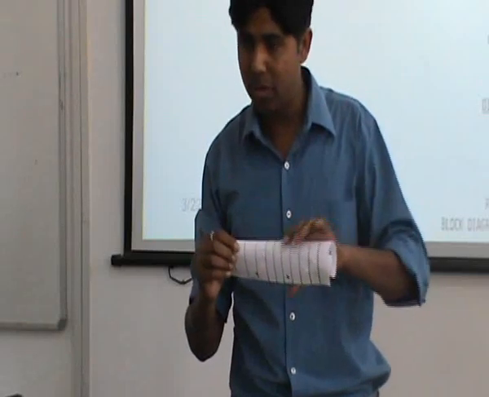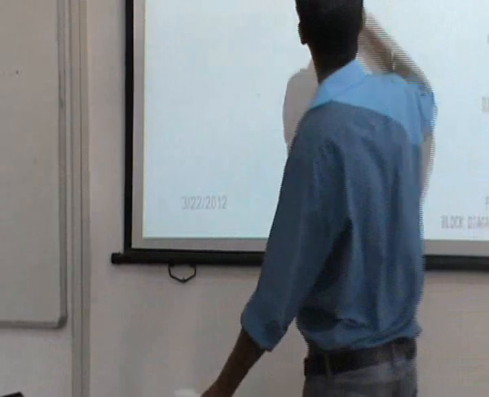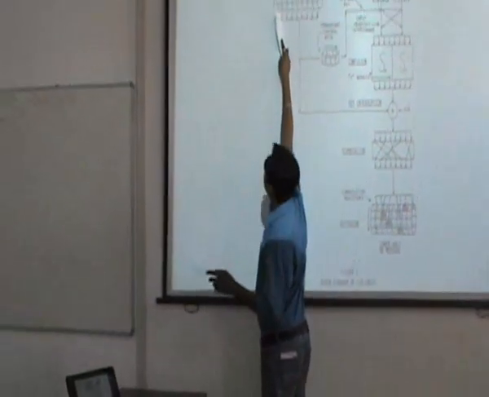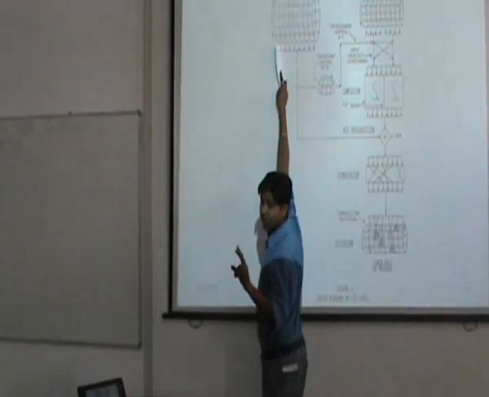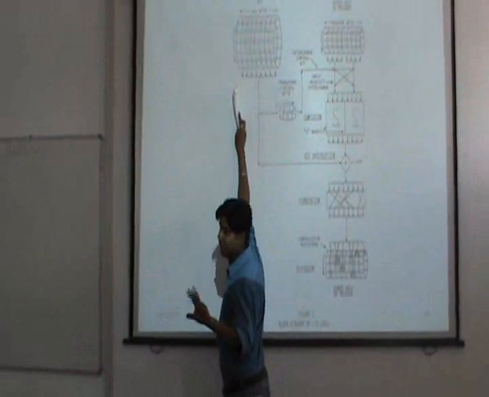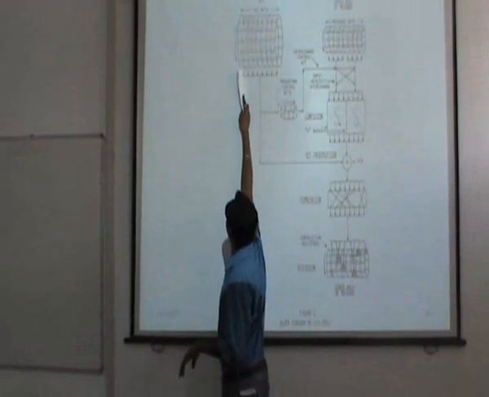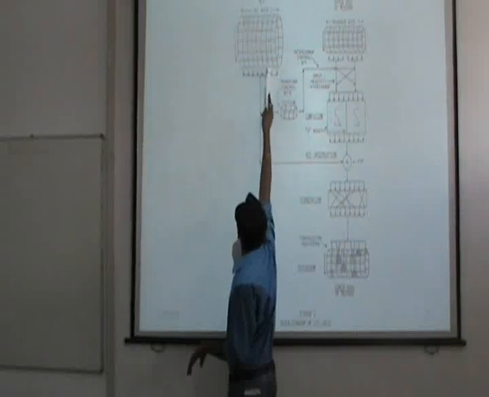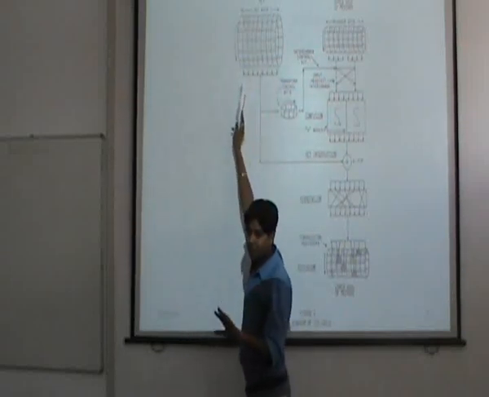So the first byte, second, third, fourth, fifth, sixth, seventh, eighth. That means 8 bytes are being consumed.